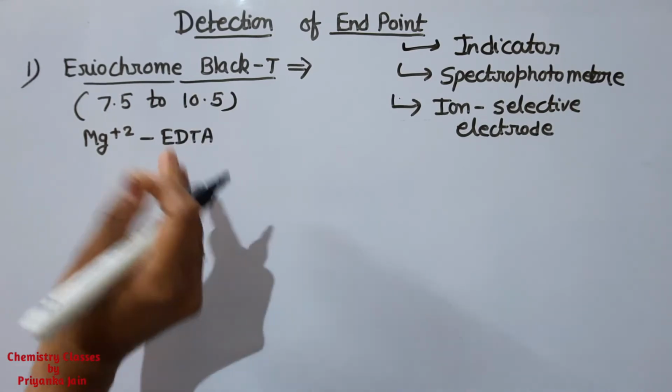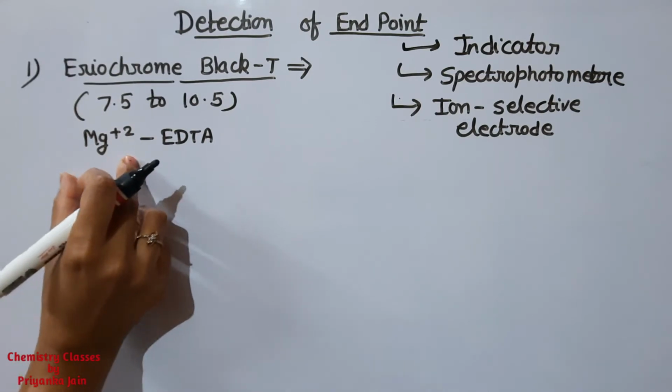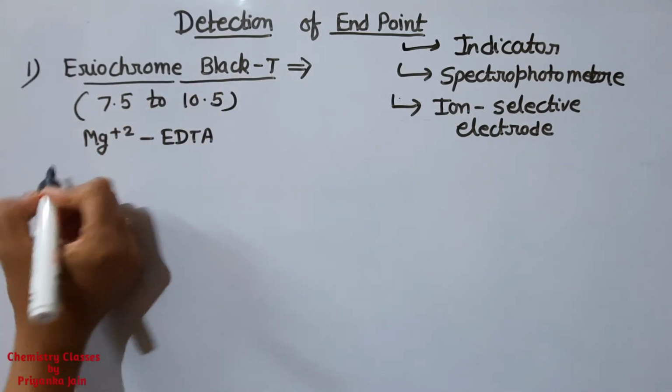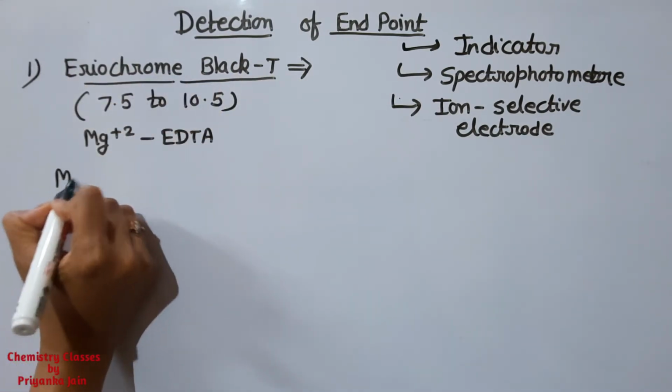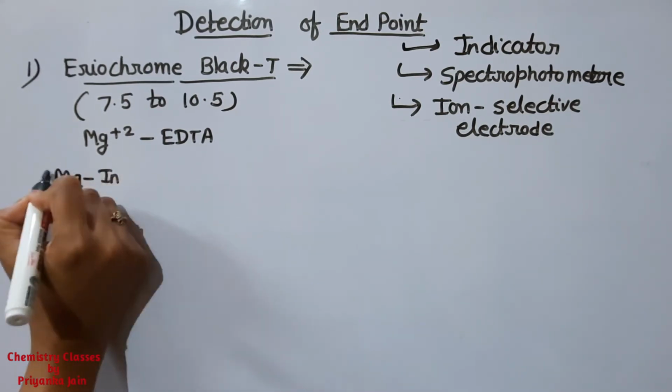Firstly, we have a magnesium solution to which we add the indicator, and we get a magnesium indicator complex.